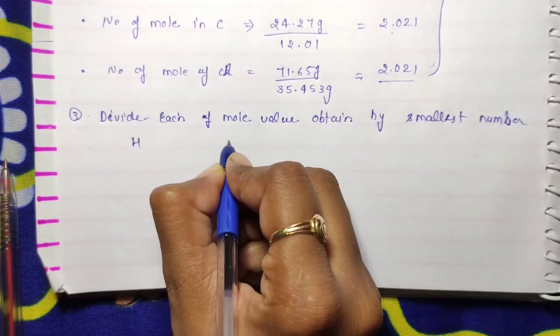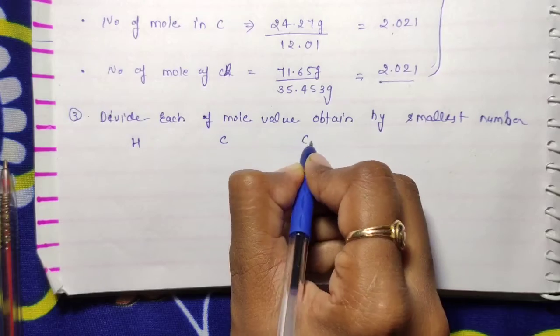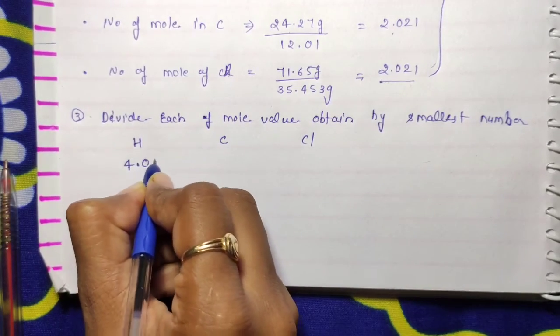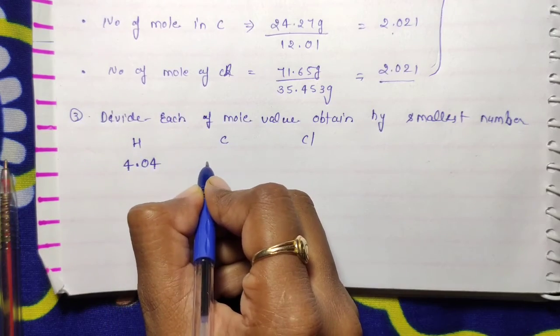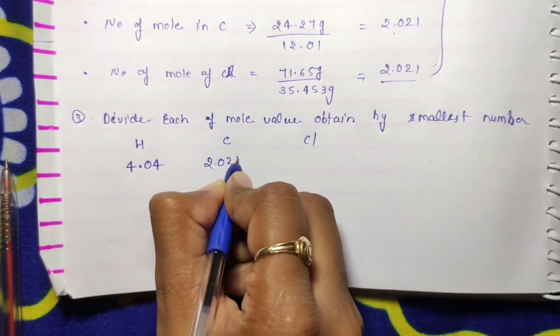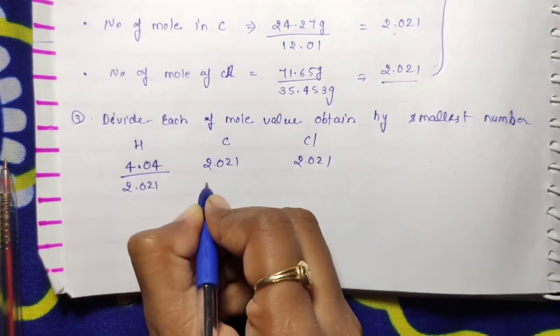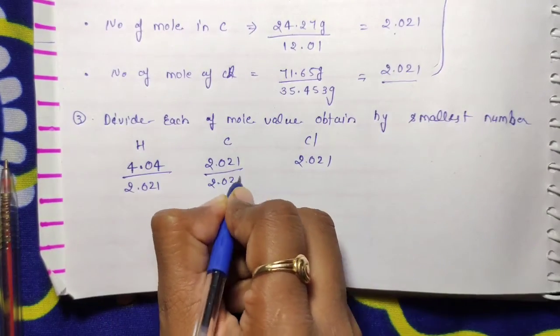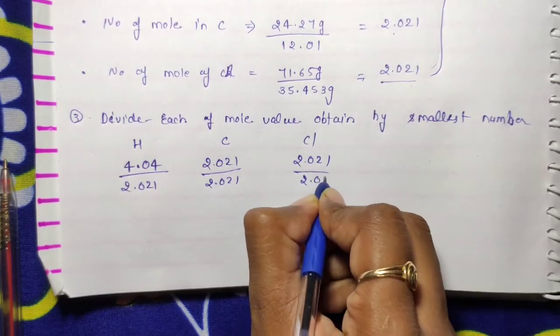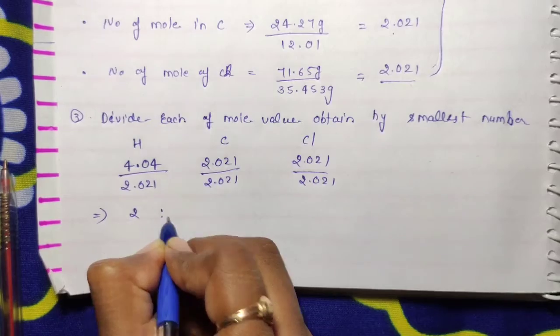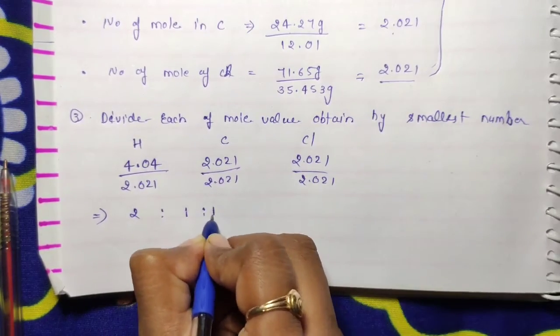It is the hydrogen, it's carbon, it's chlorine. Mole of hydrogen 4.04, 2.021, divided by 2.021, 2.021, 2.021. Now we will get 2:1:1.